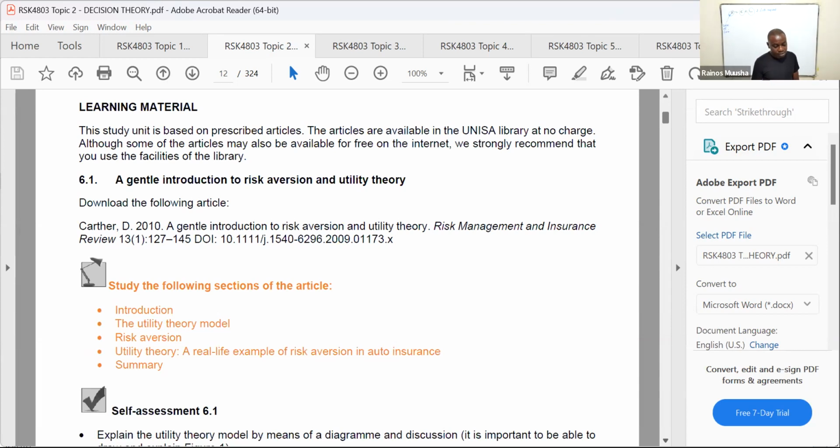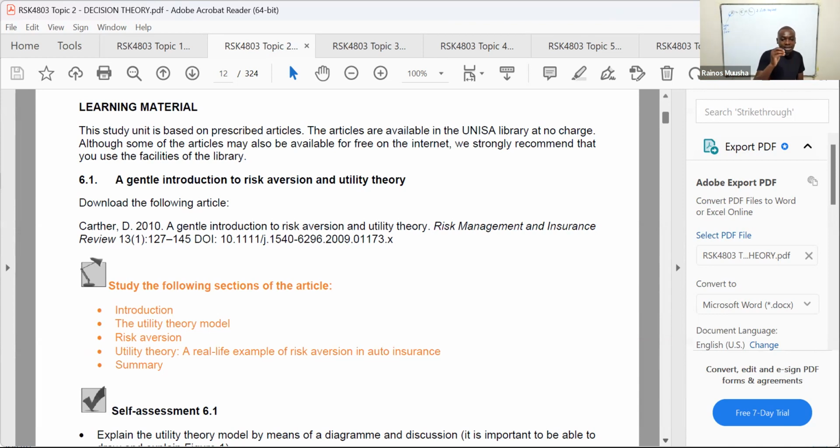So when you look at utility theory, we're looking from an insurance perspective to say, how do insurance companies ensure that when they are pricing their insurance products, they are pricing in such a way that the insured is able to see that they are better off being insured than being uninsured.